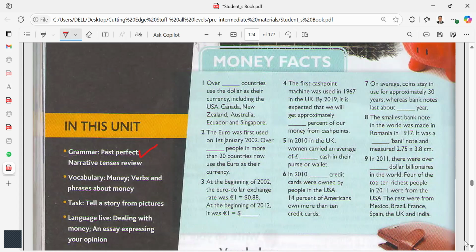In 2011, there were over 1,200 dollar billionaires in the world. 4 of the top 10 richest people in 2011 were from the USA. The rest were from Mexico, Brazil, France, Spain, the UK, and India.